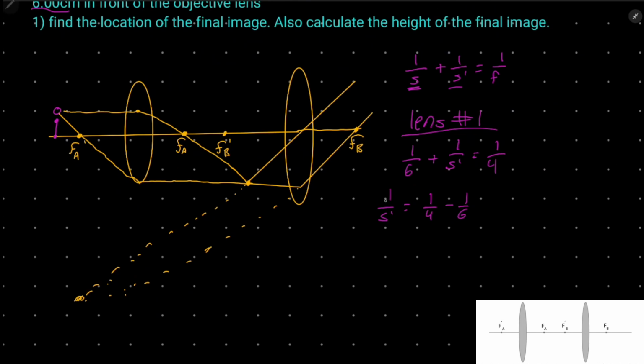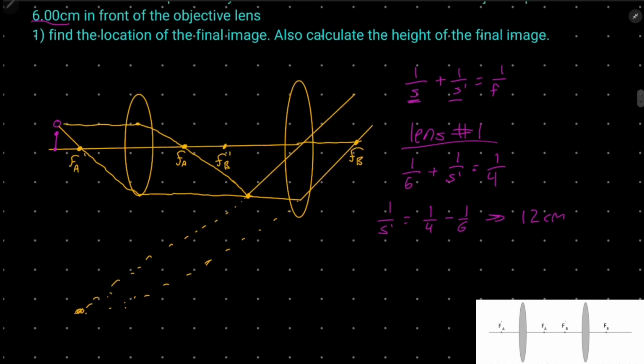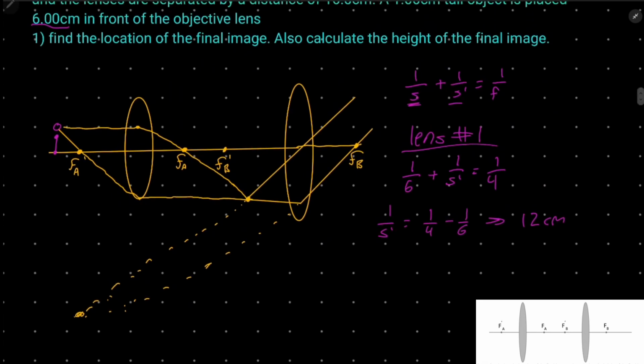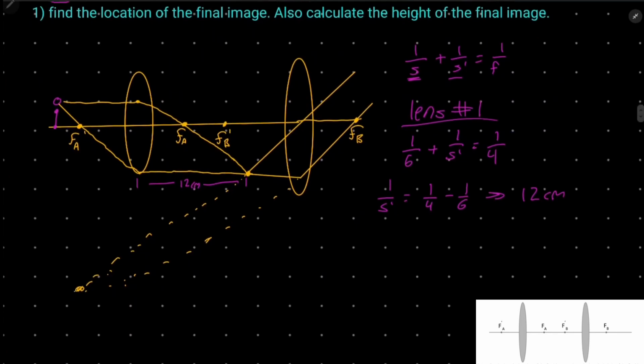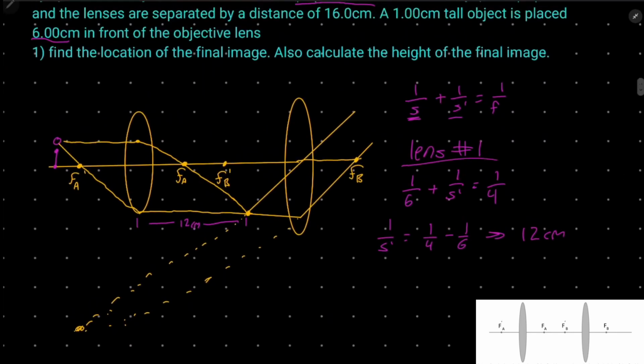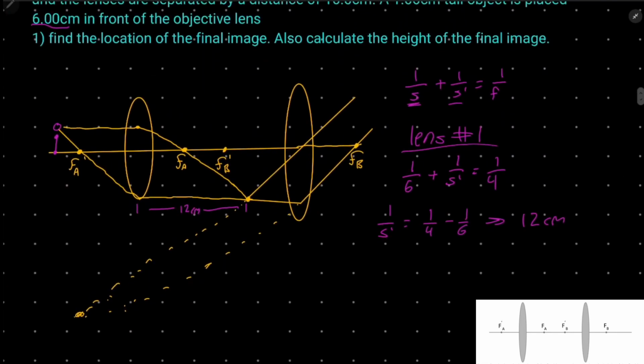Since we have a 1 over s prime here, we need to do the inverse, and then we'll end up with 12 centimeters. So if we look at my terrible drawing here, this distance right here should be 12 centimeters. Now let's find the height of our image.